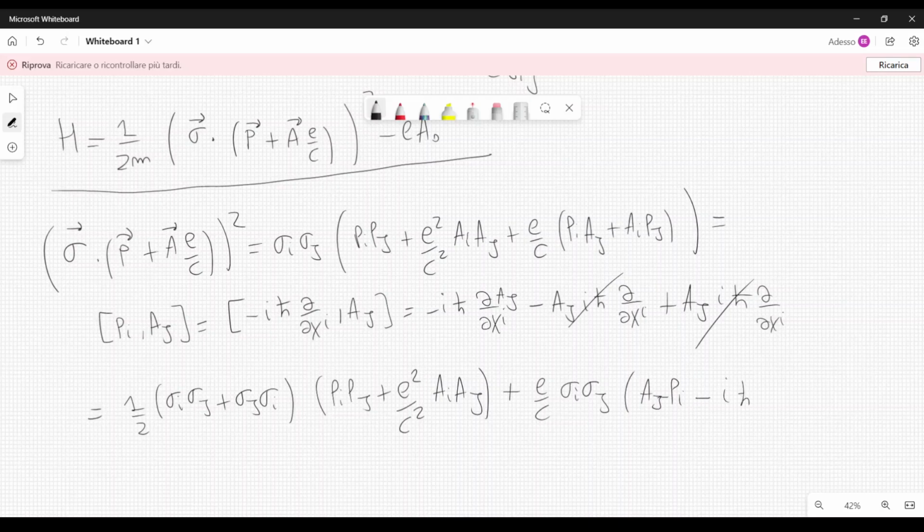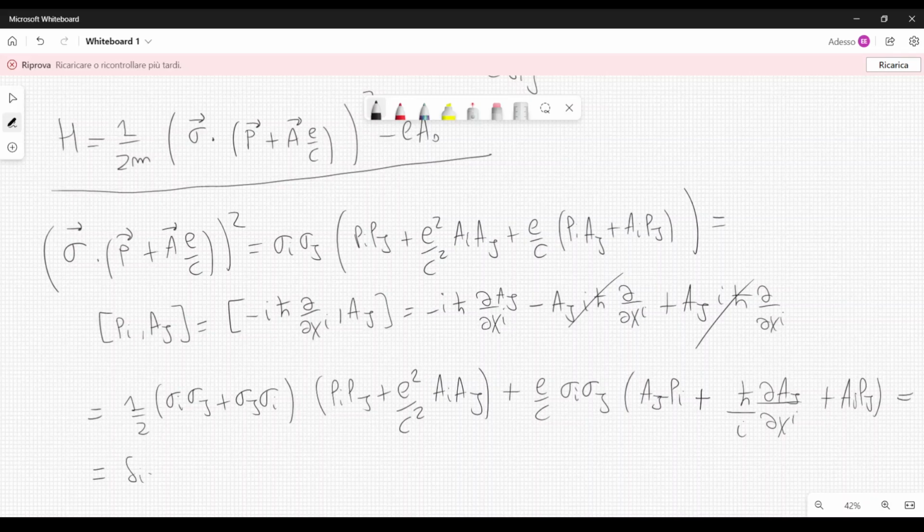So I have minus i h bar daj dxi. Let me write it as plus, and then I'm going to put i in the denominator. So I divide by i. And then I also have plus ai pj. And okay, this is one expression. And then I can also rewrite it like this.